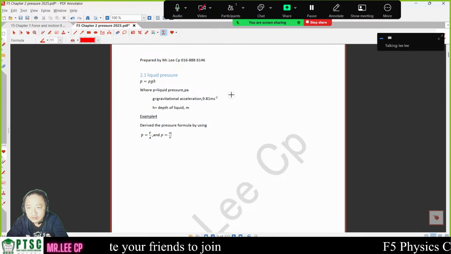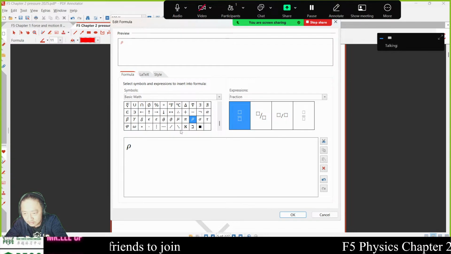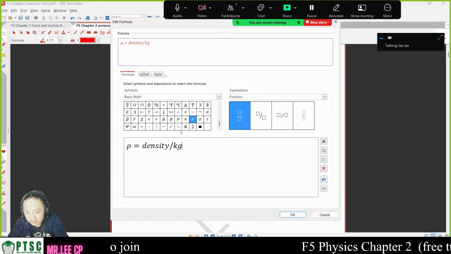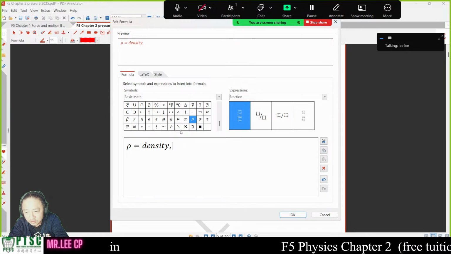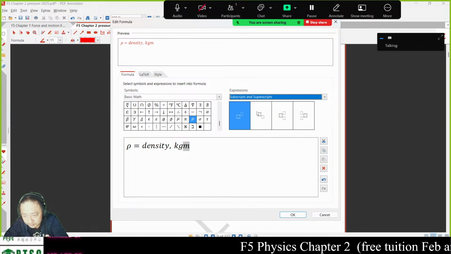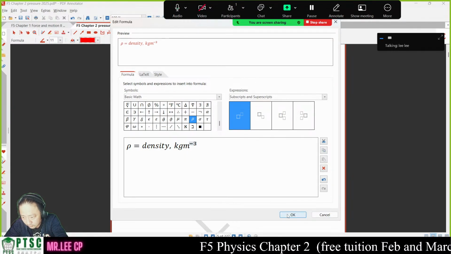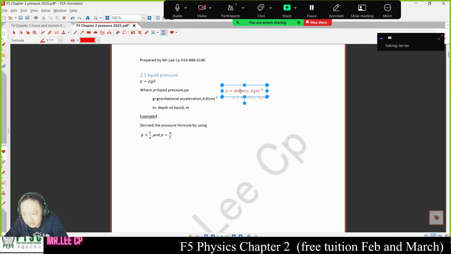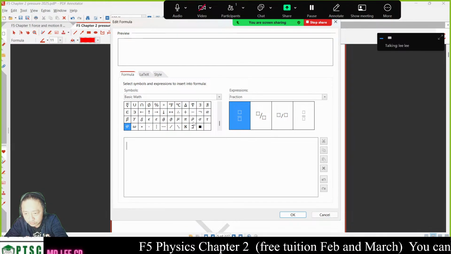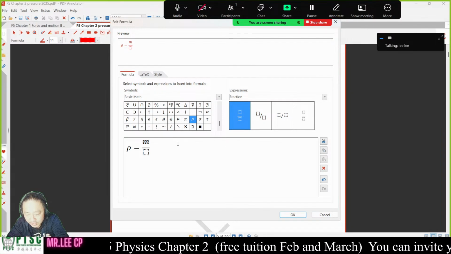Rho is density, right? So the unit is kg m minus 3. For the density, you need to know the formula: density is equal to mass over volume.